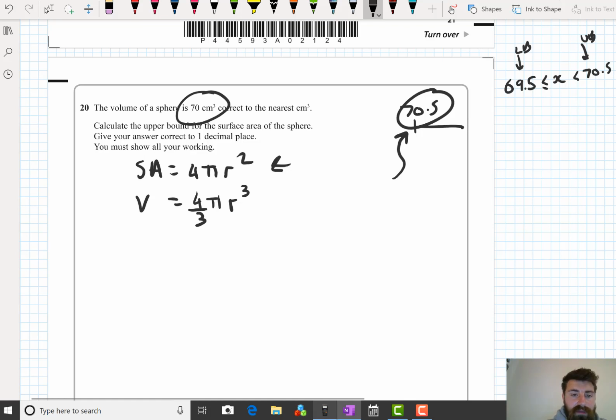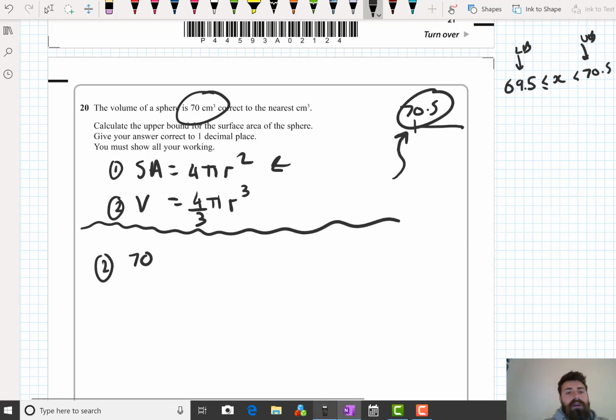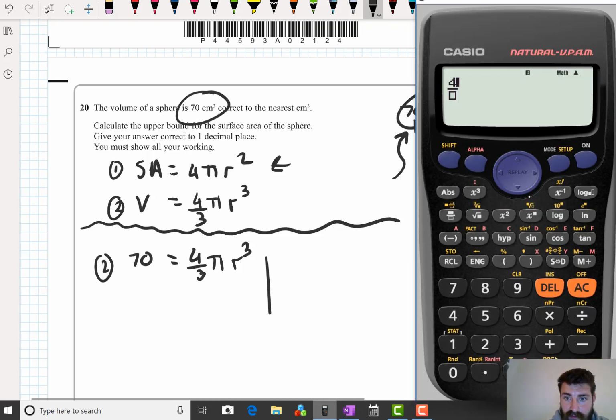So the volume equals 4 over 3 times pi, which is just a number, times r cubed. For those of you who do not believe me, 4 over 3 times pi is just a number, an infinitely long number.